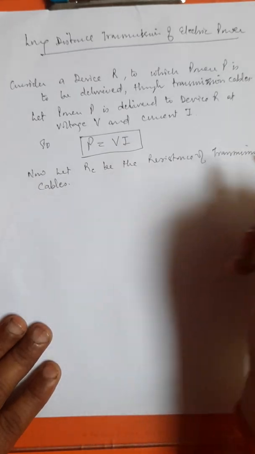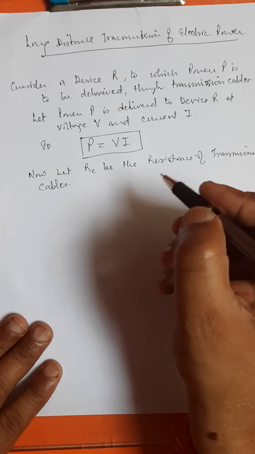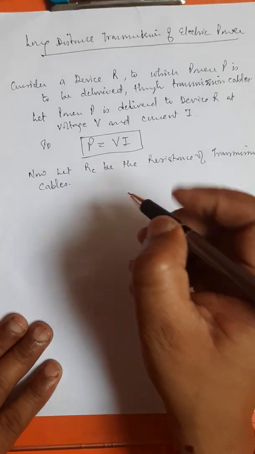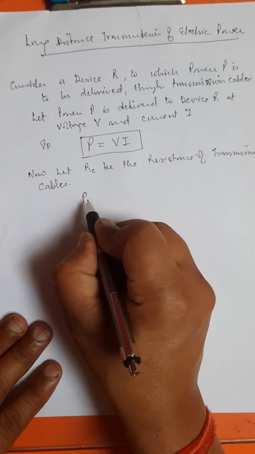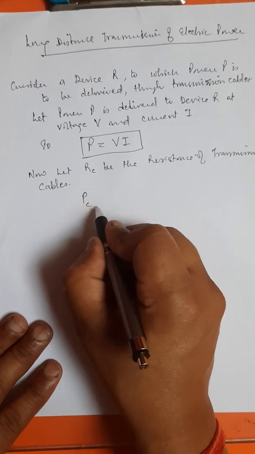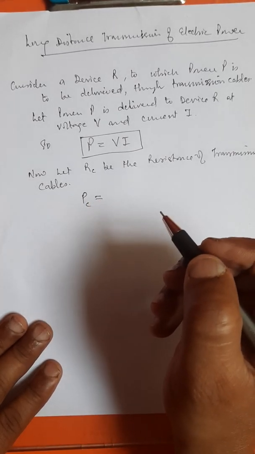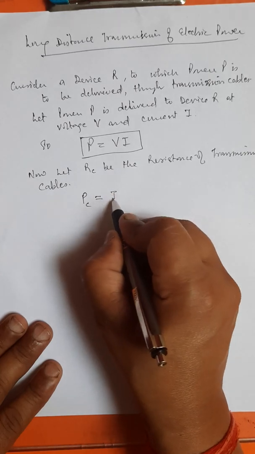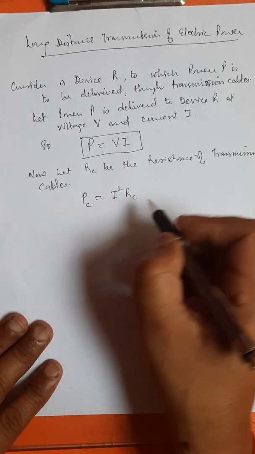The RC is very considerable, it's not very small. So the power dissipated in the transmission cables is equal to I square RC.